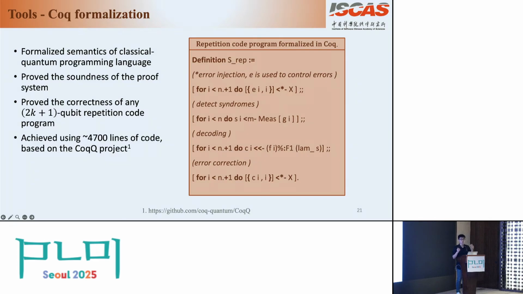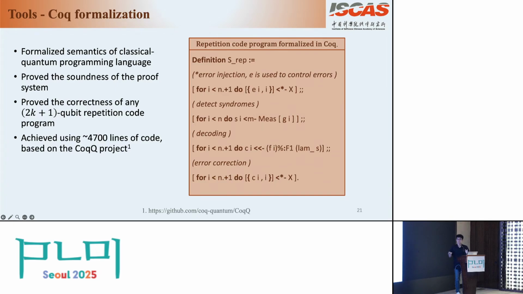The main obstacle here is to explicitly write down the form of decoders for the Coq proof system. So for this reason, we only verified the parameterized repetition code programs, with which we can explicitly write down the form of decoders.